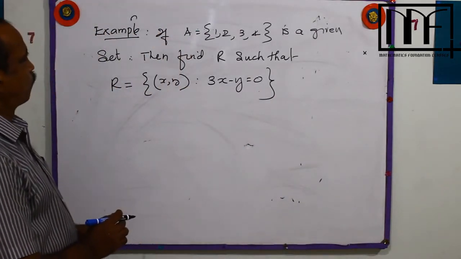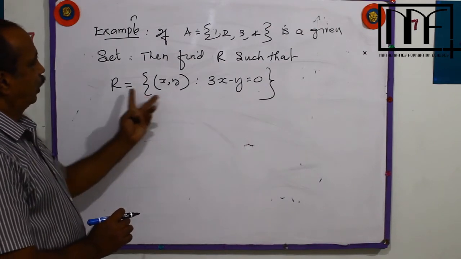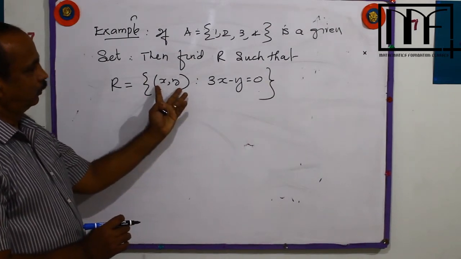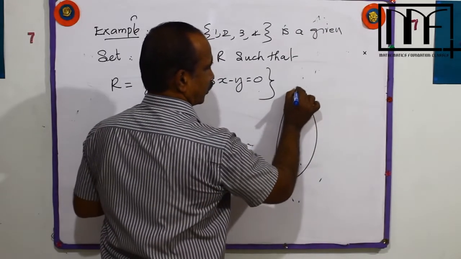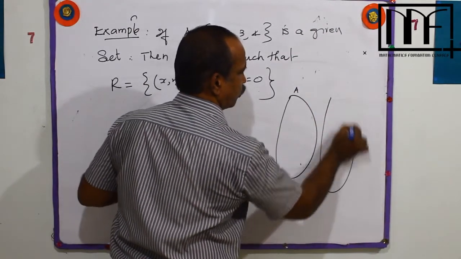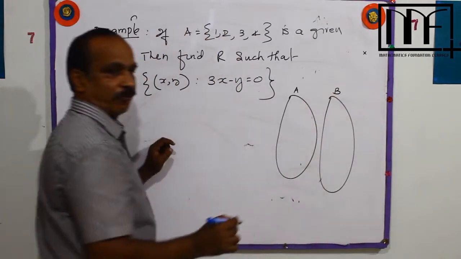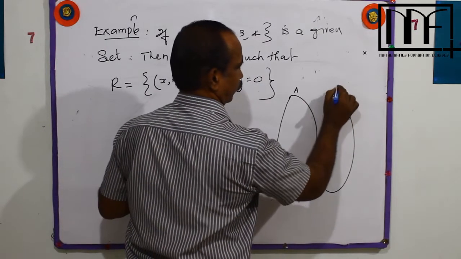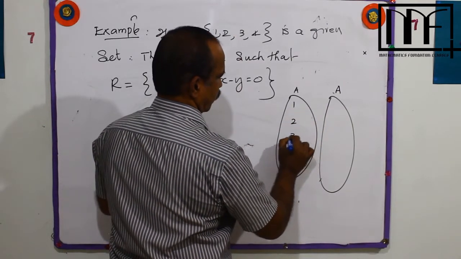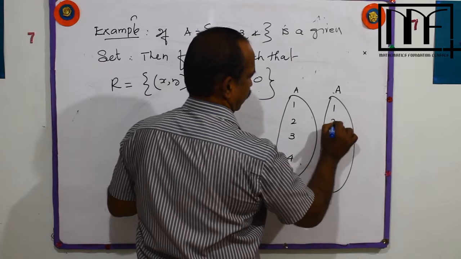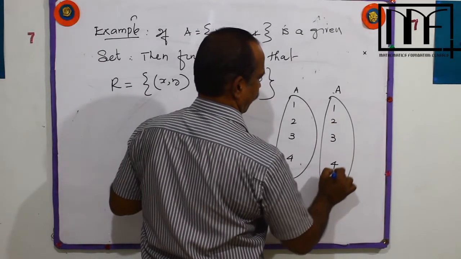Now here we need to find out the ordered pairs x, y from the given set. So we need to consider a relation from A to A. We have only one set here, A to A: 1, 2, 3, 4, and also 1, 2, 3, 4.